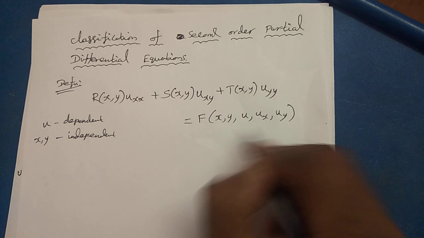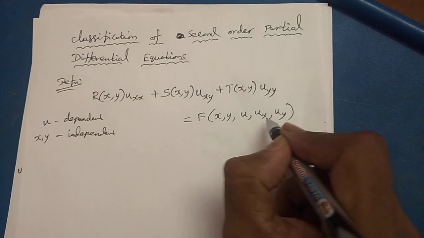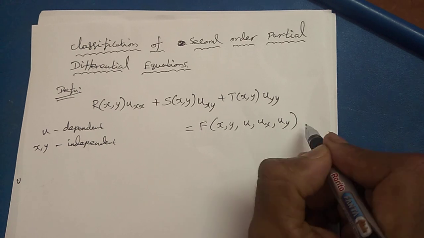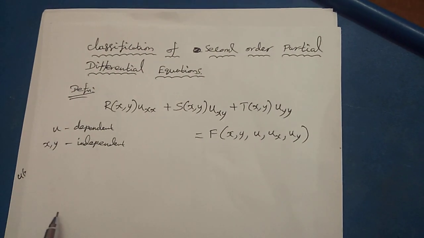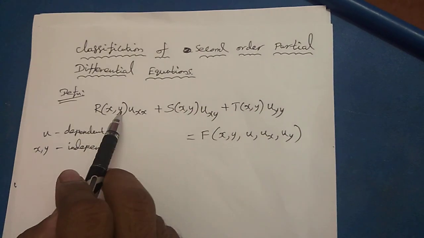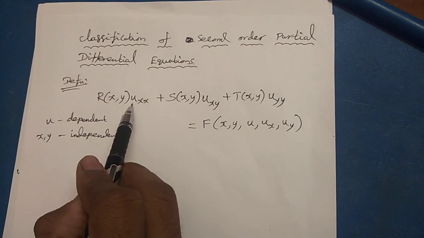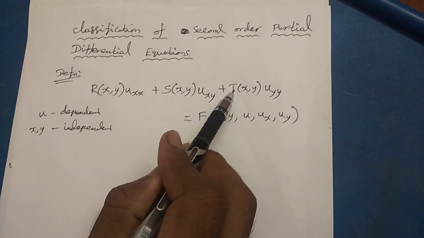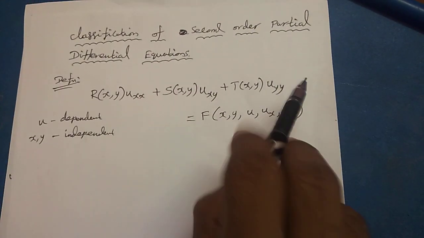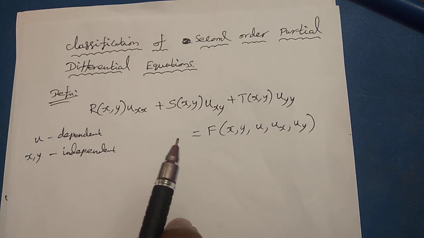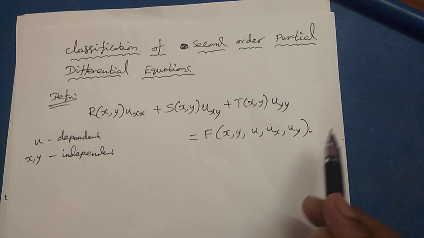So capital F is the function of x, y, u, ux and uy. You can see that in the left hand side there is no semilinearity part. All the functions r, s, t are functions of x and y, and the only semilinearity part comes in the right hand side.